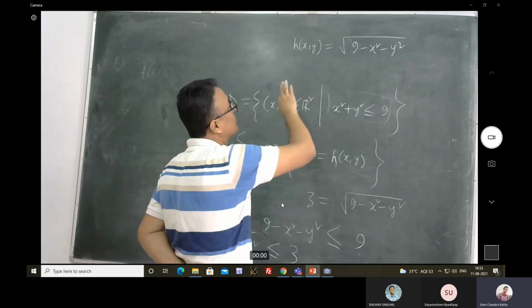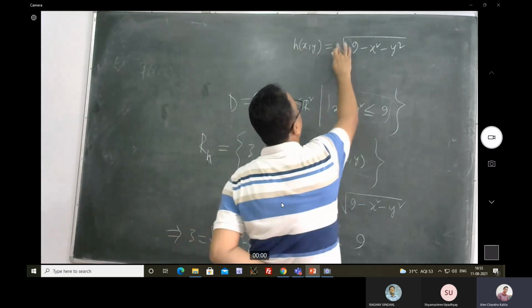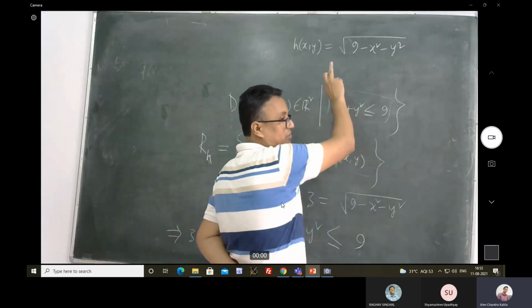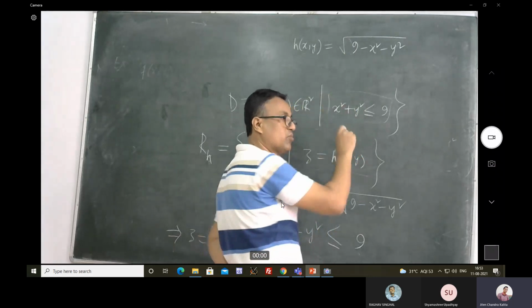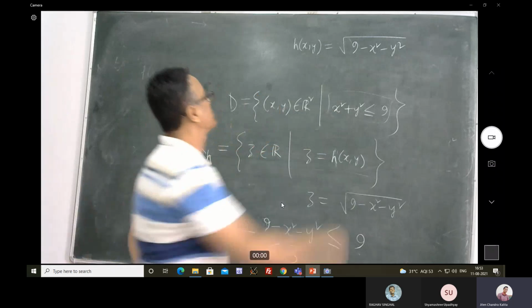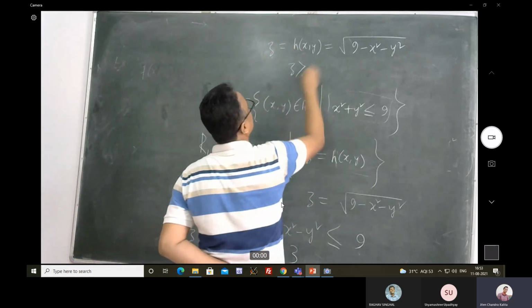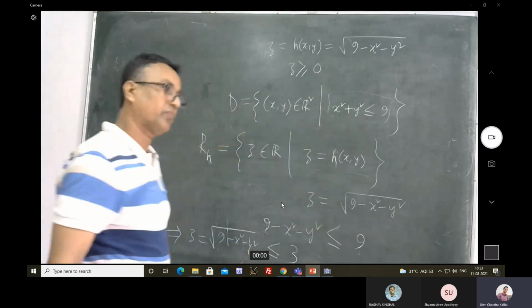Whenever we talk about functions like this, here we are considering only the positive square root. If we consider the negative square root, then explicitly I am going to put a negative sign here. So from here also, if z equals this, then z is obviously greater than or equal to 0.